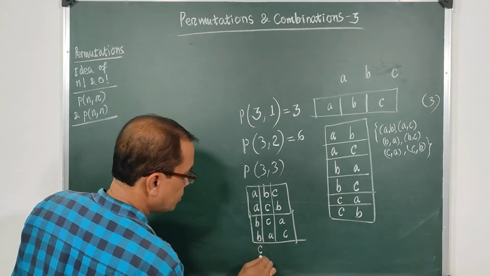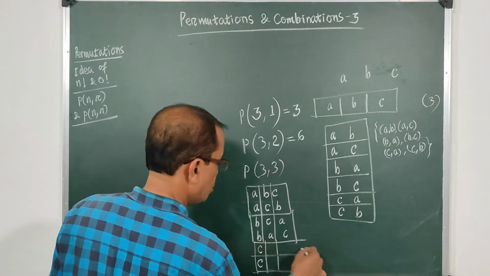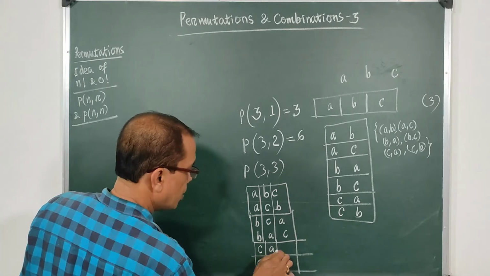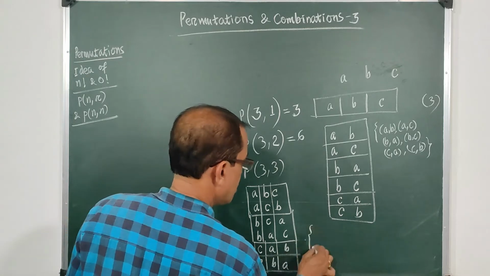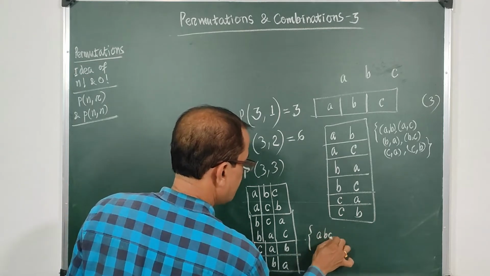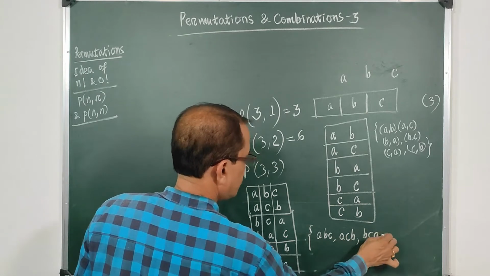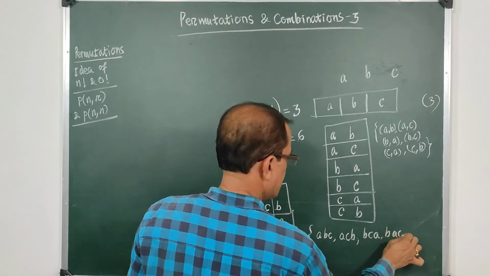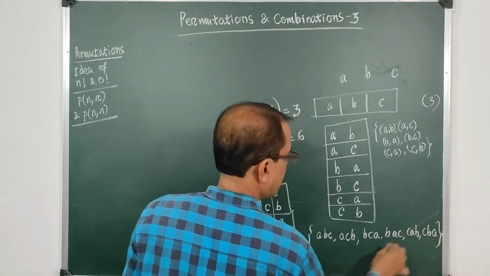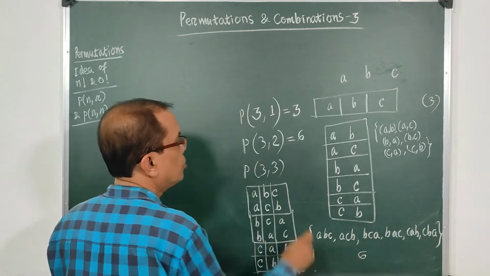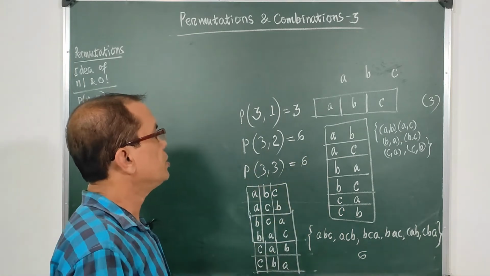If I take C as the first choice, what will my next 2 choices be? They can be A, B or B, A. So the choices are ABC, ACB, BCA, BAC, CAB and CBA. In all there are 6 choices. So P(3,3) is 6. Permutation of 3 things taking 3 at a time is 6.